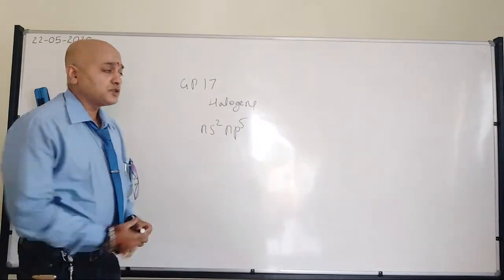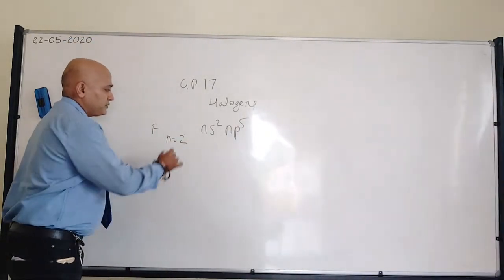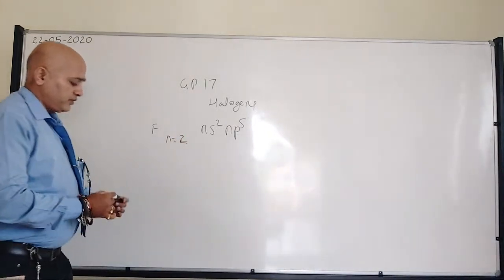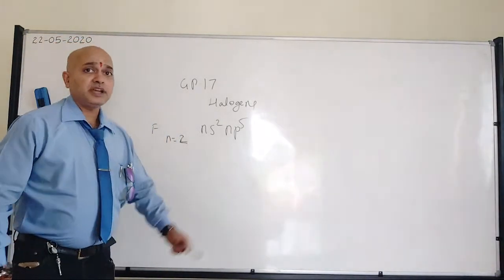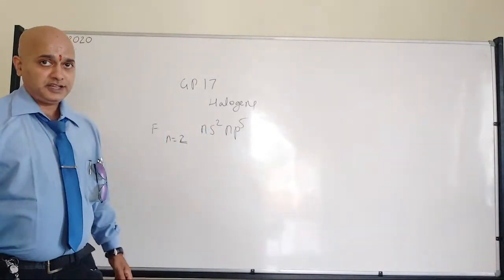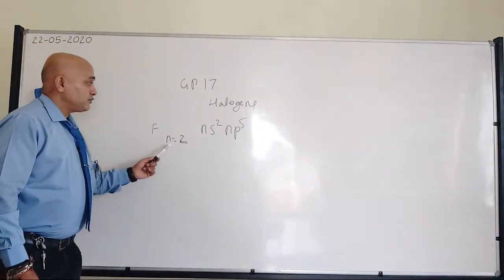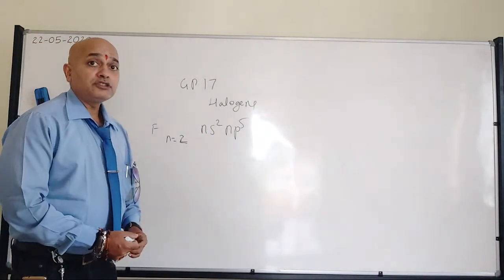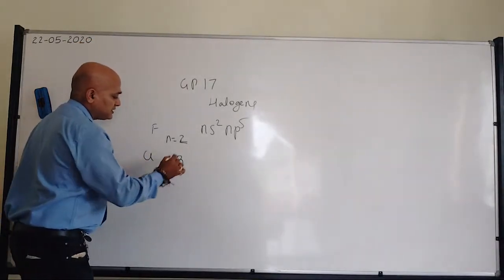Now when it comes to fluorine, n will be equal to 2, right? Please remember ns2 np5 is the general outer electronic configuration for group 17 elements. If I take chlorine, n will be equal to 3.